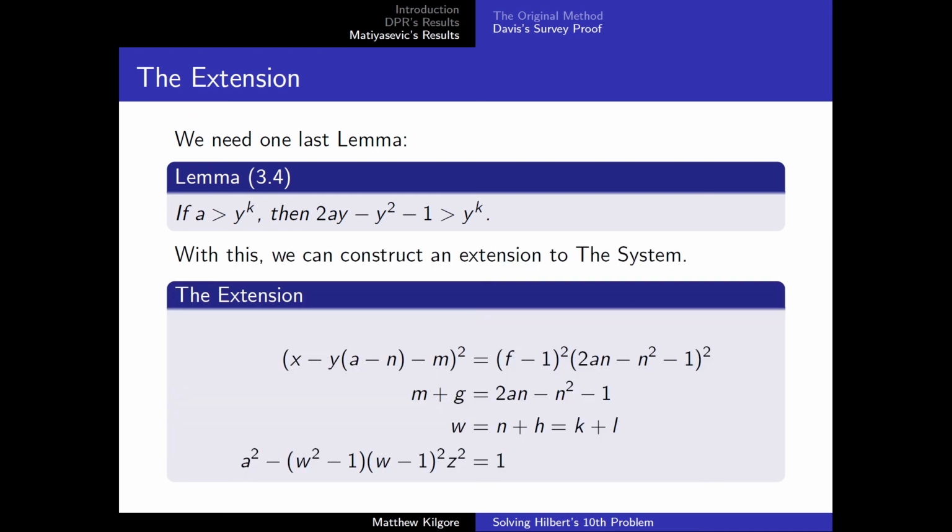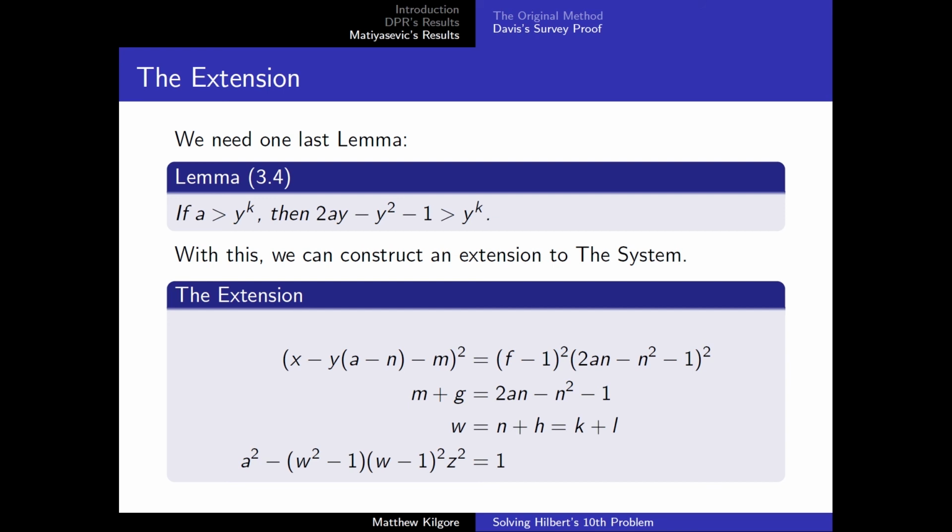Now, with this, we can add 4 new equations to the system. The first is that the quantity x minus y times the quantity a minus n and the quantity minus m, quantity squared, equals the quantity f minus 1, quantity squared, times the quantity 2an minus n squared minus 1, quantity squared.